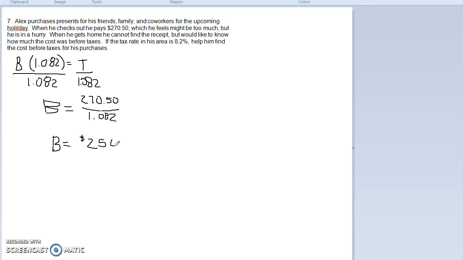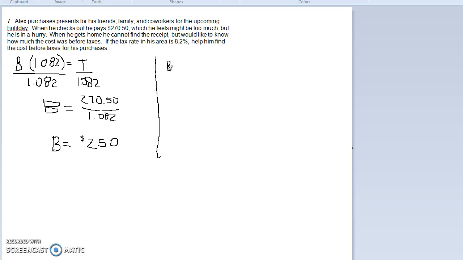The before was $250. So if he was charged 8.2% tax, he must have started with $250 to have arrived at $270.50.